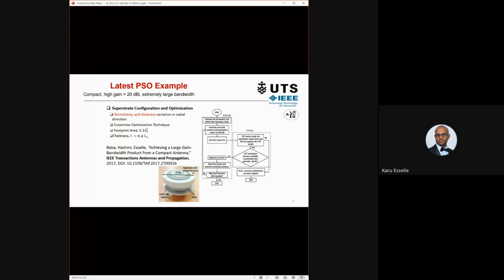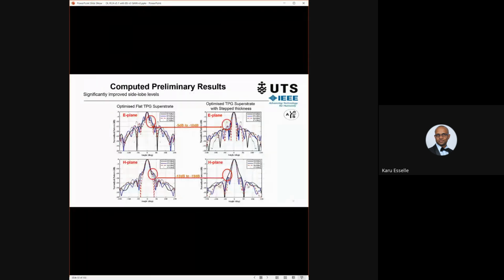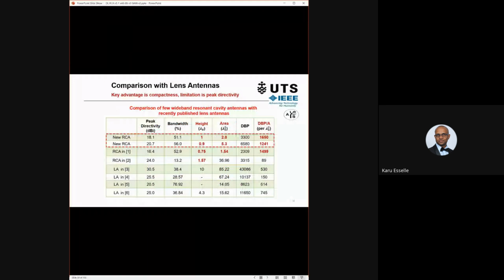As a result, lens antennas are usually bigger and taller. So the first four in this one are resonant cavity antennas. The last four are lens antennas, including some flat lenses. You can see the difference in area. These resonant cavity antennas are much smaller.